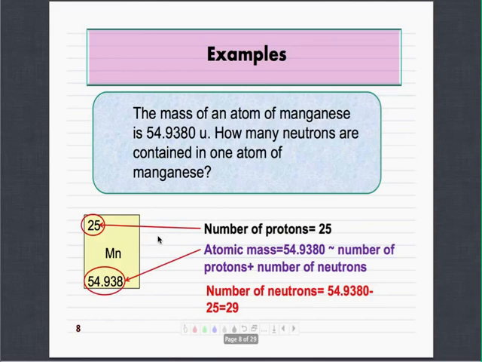The atomic mass is approximately equal to the number of protons plus the number of neutrons. So if I want to calculate the number of neutrons, it is that atomic mass minus 25, which is the number of protons. Okay? Which is around 30.